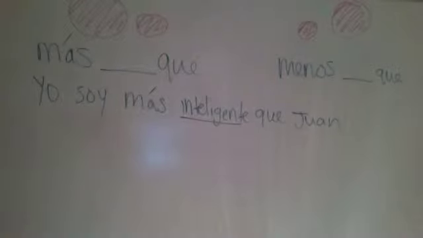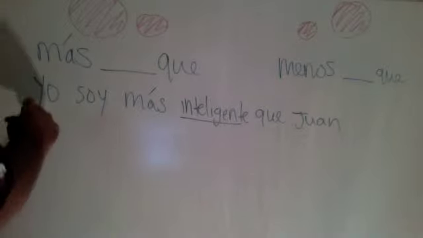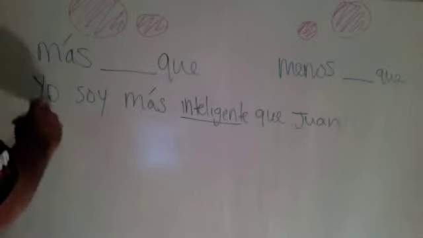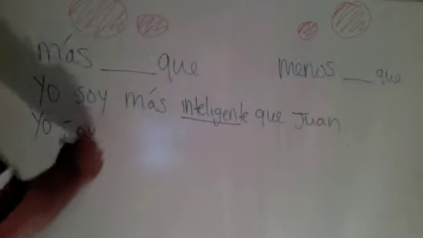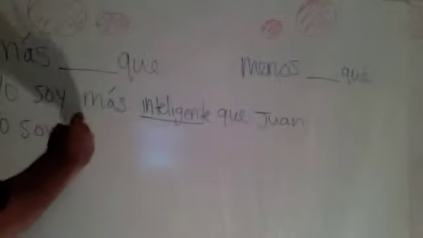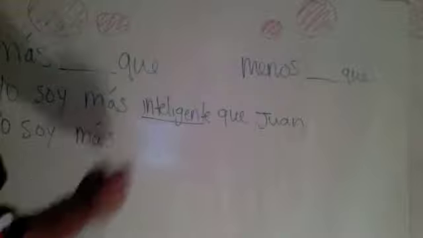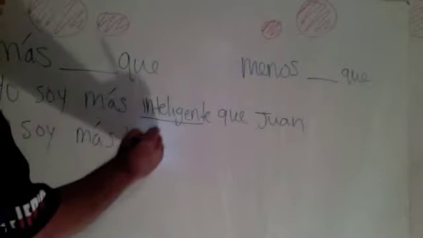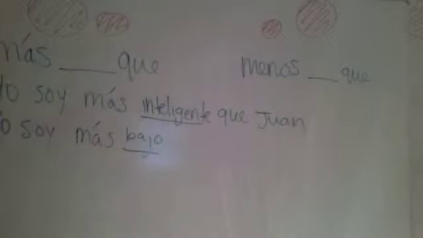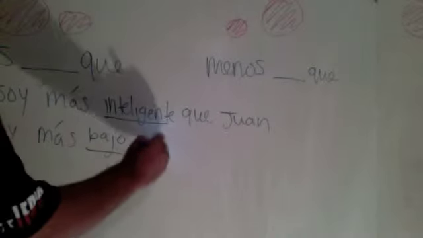What about, you are shorter than I am? Let's go through both ways. You could say, yo soy more short, más bajo, or baja if you're a girl, que Juan, I think is what I said.